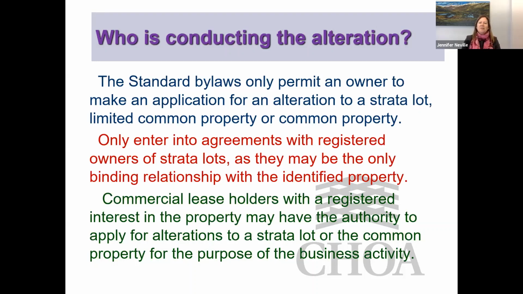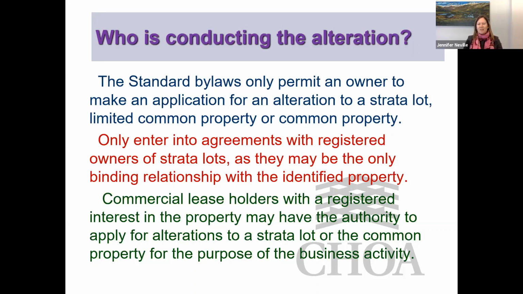Now, commercial leaseholders with a registered interest in the property may have the authority to apply for alterations. Under the lease agreement, they may have that authority. That doesn't mean that the strata corporation has to deal with them directly. They can involve the tenant as well, and they may want to get the tenant to agree to the same terms of the alteration agreement as the owner.